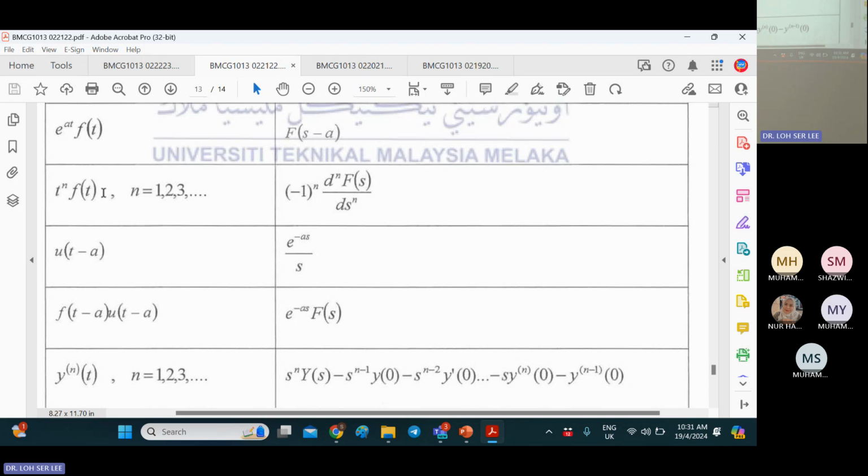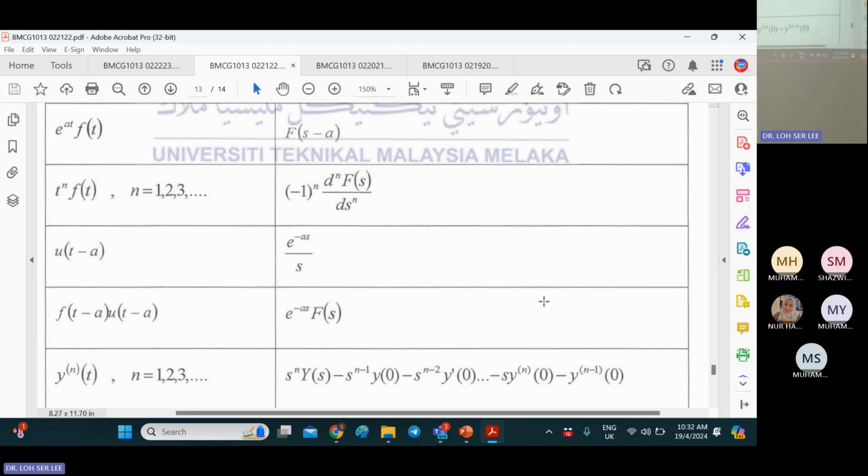In the exam, this table will be given to us. So you can use either one. As I mentioned, if you want to Laplace transform a product function that consists of e to the at, we can use the first translation. If it contains t to the power of n, we can use the derivative property.